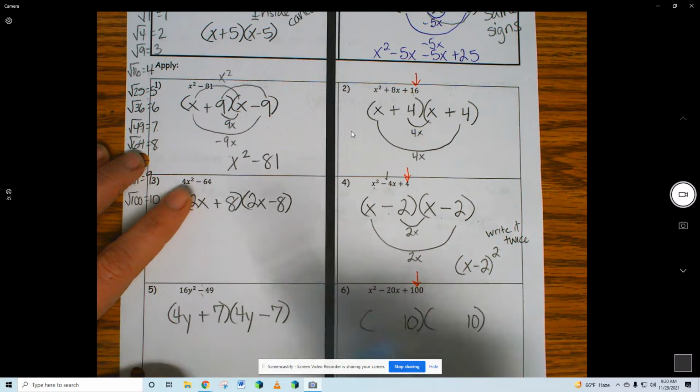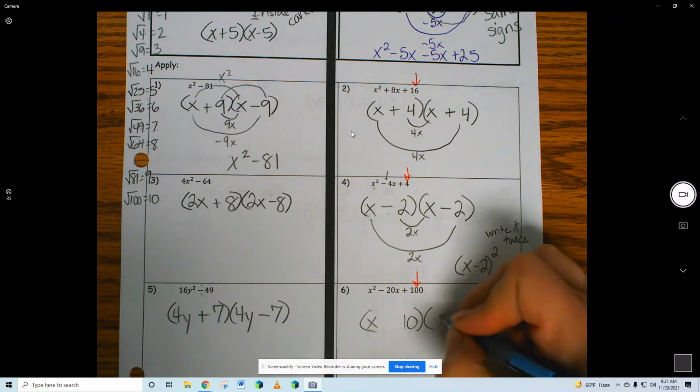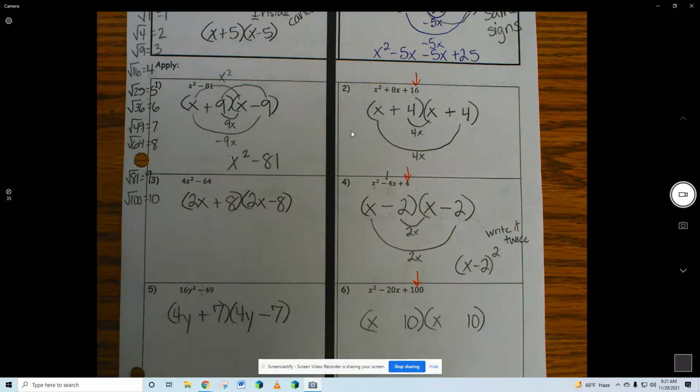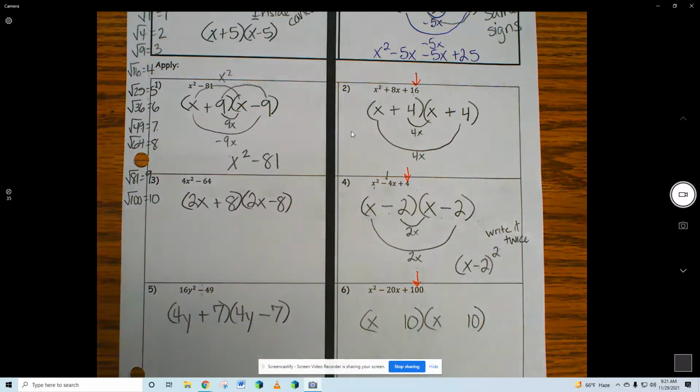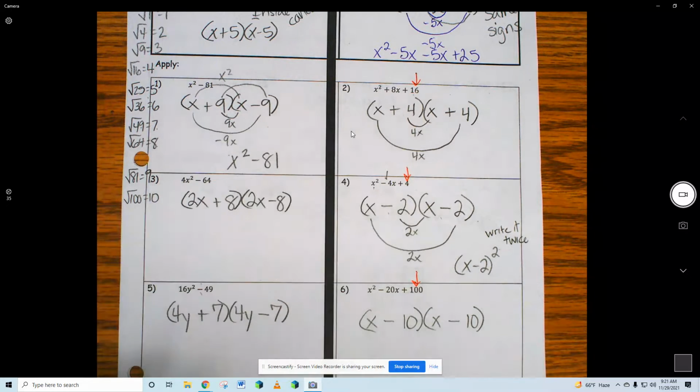So I have to have the same sign. 10, 10. You just have to decide, is it going to be plus, plus, or is it going to be minus, minus? Okay, let other people help. Minus, minus, you're right. So that's the answer I want, and I'm done.